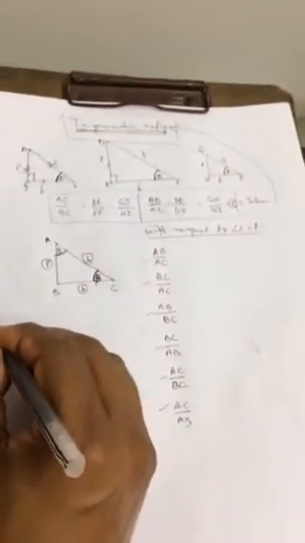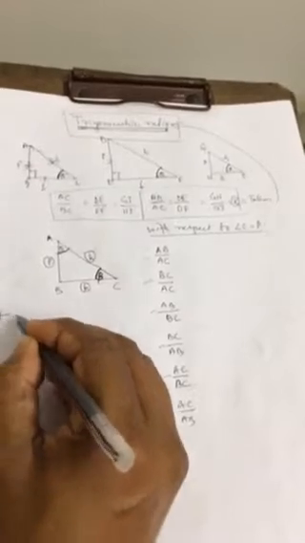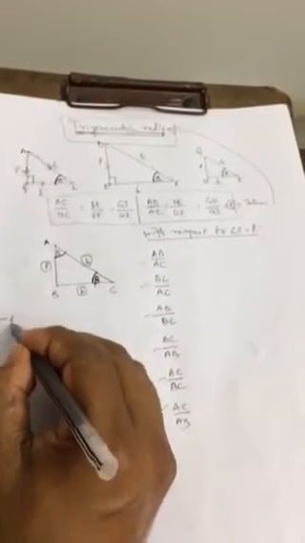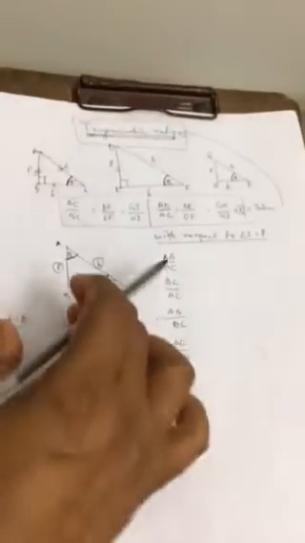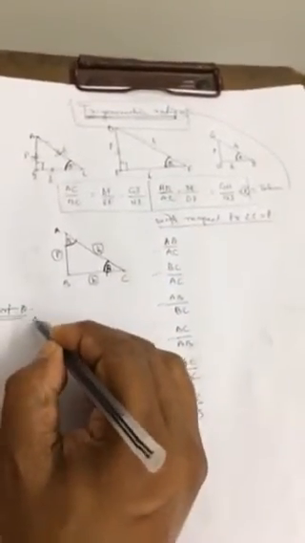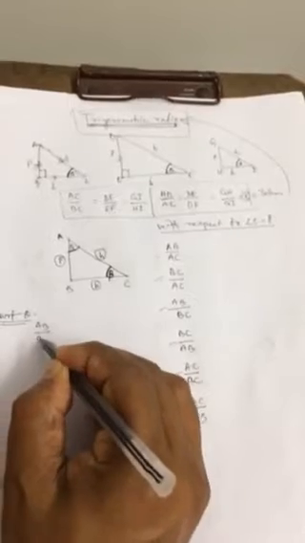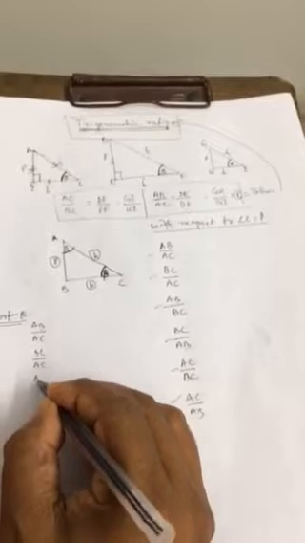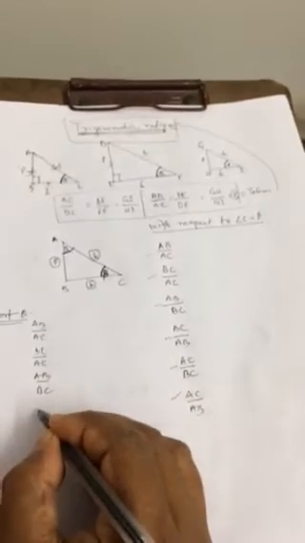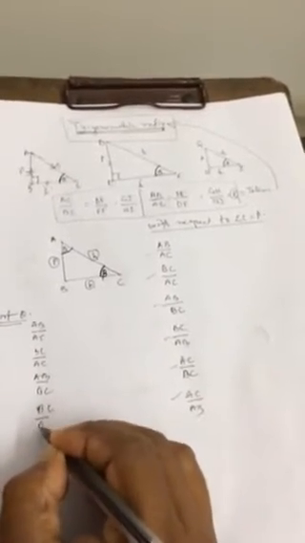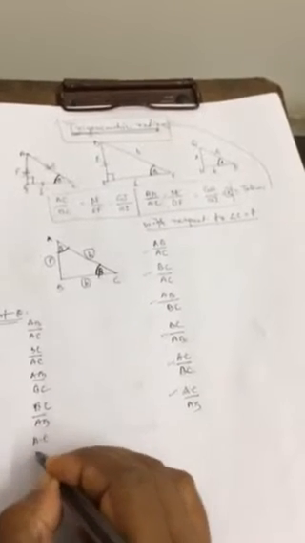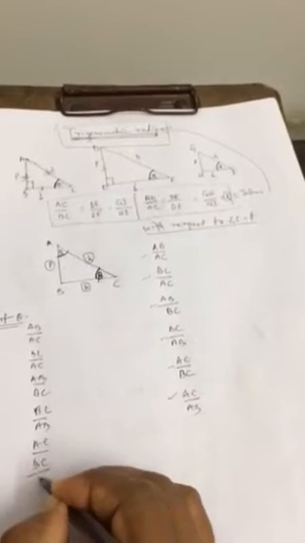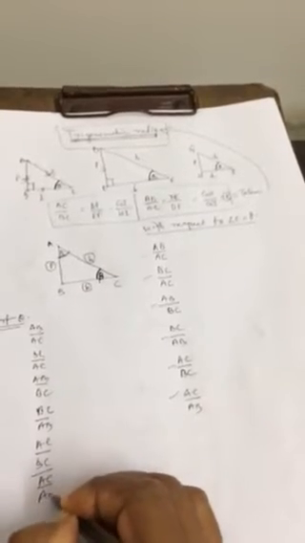With respect to theta also, you can find a maximum of 6 ratios, the same way: BC by AC, AB by BC, BC by AB, AC by BC, AC by AB.